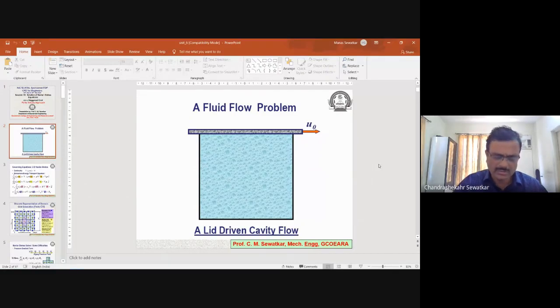The benchmark solution for such a problem is also available in the literature, and hence many researchers, when they develop their own CFD code, deploy that code on the lid-driven cavity flow problem and compare their results with the benchmark results available in the literature, and then they go ahead. Then they start using their tool for other problems.